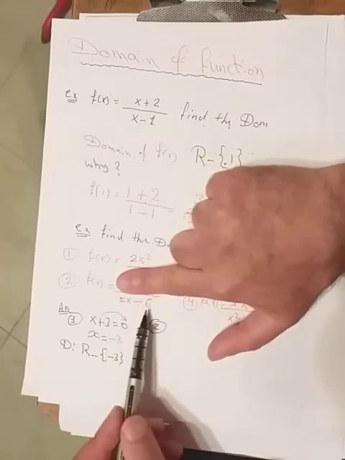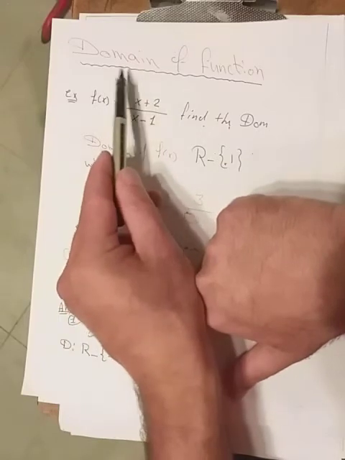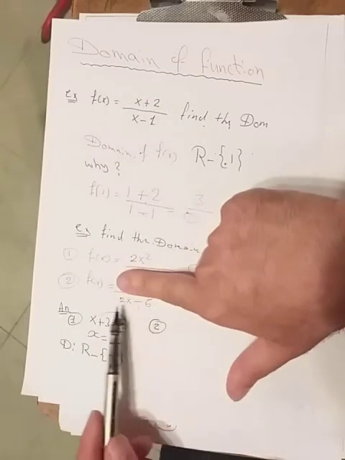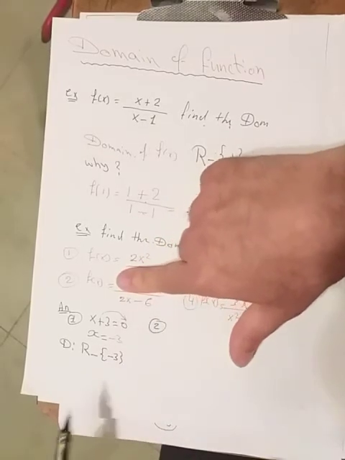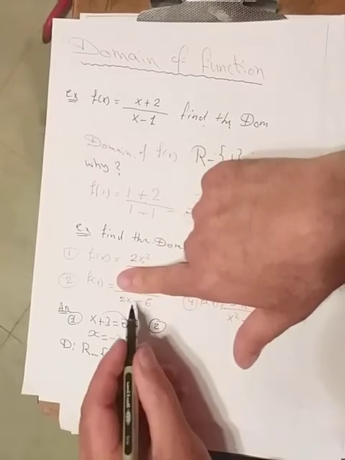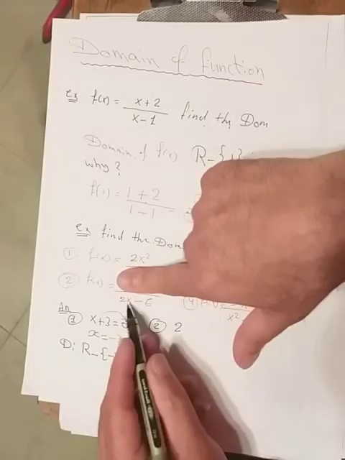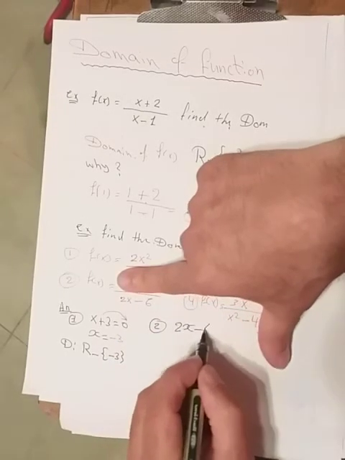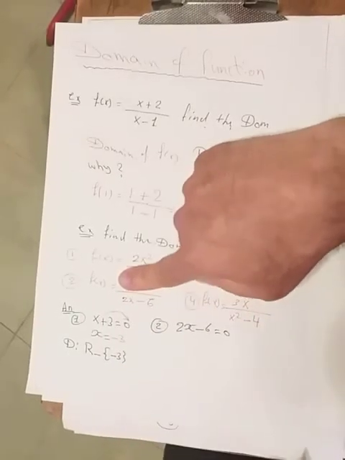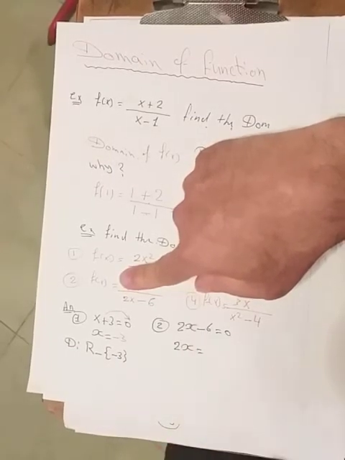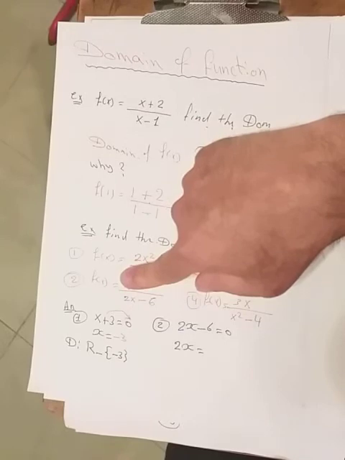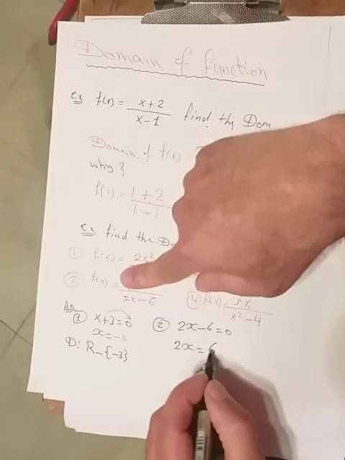Just the denominator for the domain. Set the denominator equal to 0: 2x minus 6 equals 0. 2x equals 6, because we move 6 to the other side with a different sign.